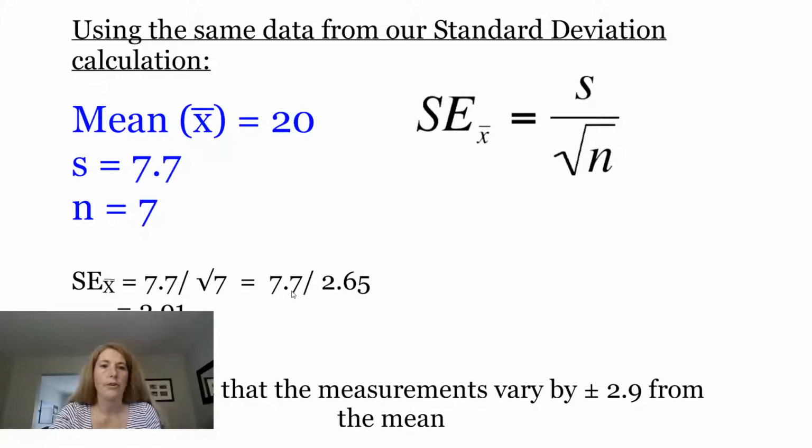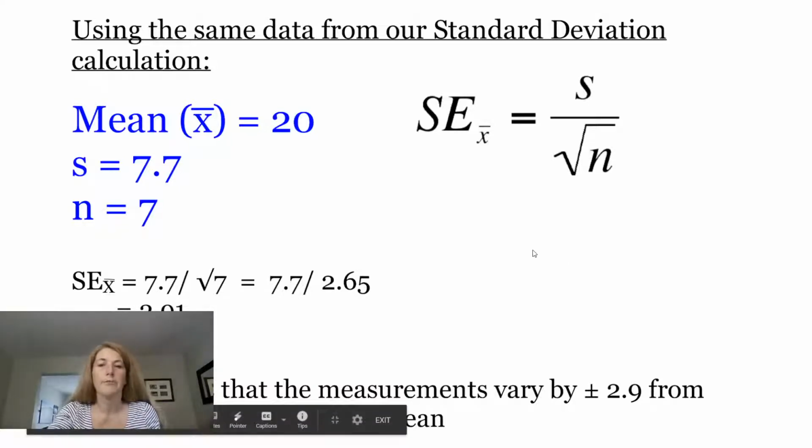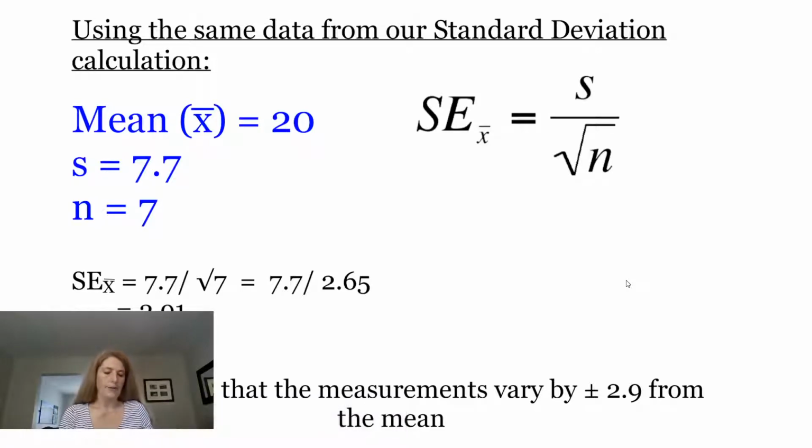I'm just taking 7.7 divided by the square root of 7, which is 2.9. So if my average is 20, I'm going to add or subtract 2.9 to that, and usually times 2, because we go 2 standard errors of the mean. And that's going to give me a lot of confidence that the average is actually within those values.